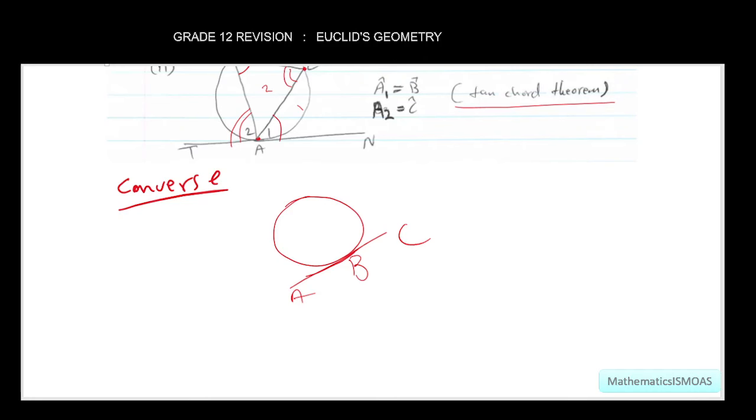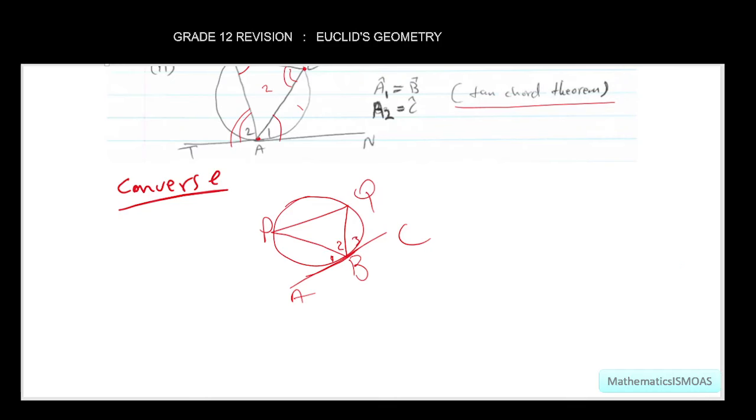We do not know that ABC is a tangent. And then let's say this is PQ, and this is angle B1, angle B2, angle B3. That's the picture that we're having.